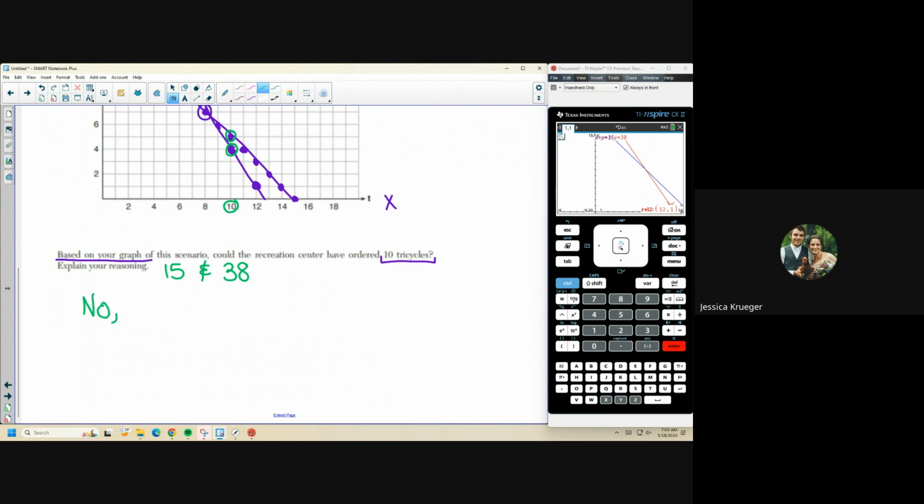When it says explain your reasoning, if you ordered 10 tricycles, actually, we got to use the graph. So let's talk about this. Why can't that be the solution? The graphs do not intersect at t equals 10.